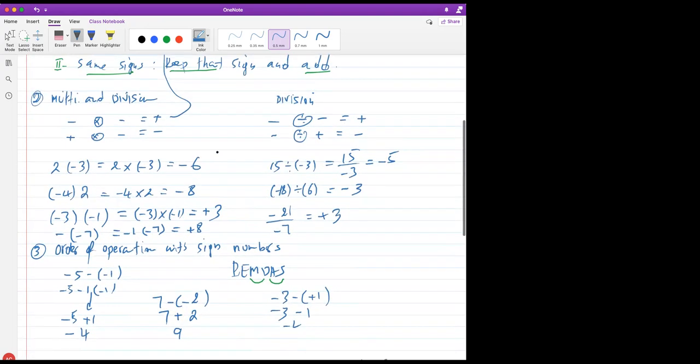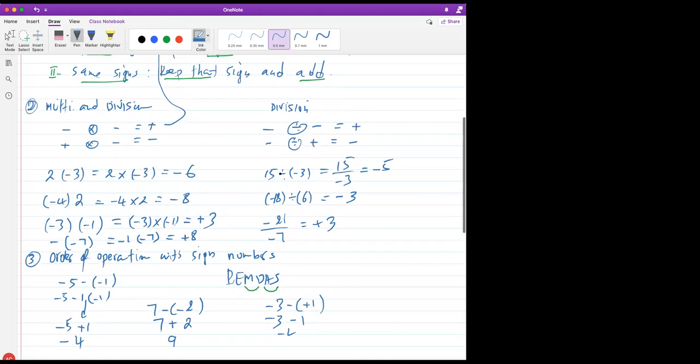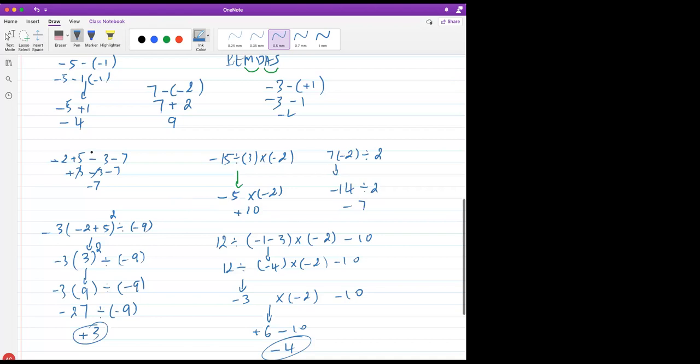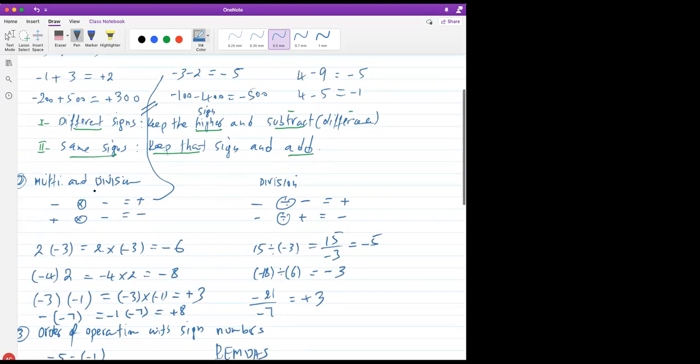Division is either with a division sign or a fraction. Multiplication, as I explained earlier, if you don't see anything between number and parentheses, there's an invisible multiplication. So this is like this. That's why I wrote it here. Other than that, if you see just a number and the sign, this is a subtraction, this is addition.